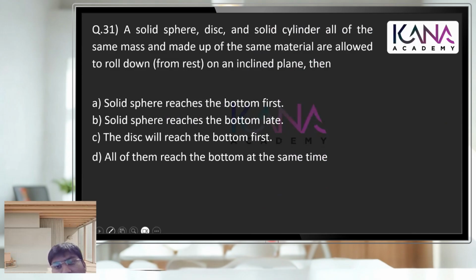So the concept here is a = g sin theta / (1 + k^2/r^2), i.e. 1 plus I by m r square. So if there is a smaller I by m r square, it will give a larger a. So these other things remain the same.